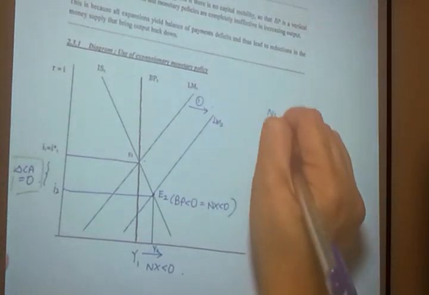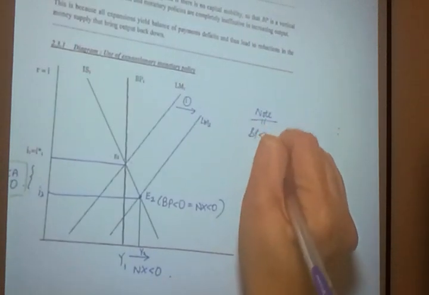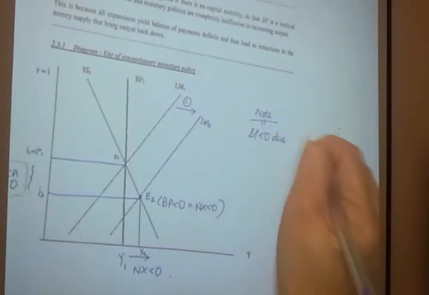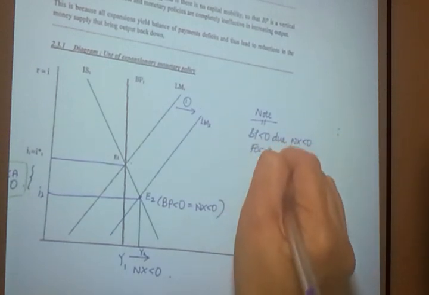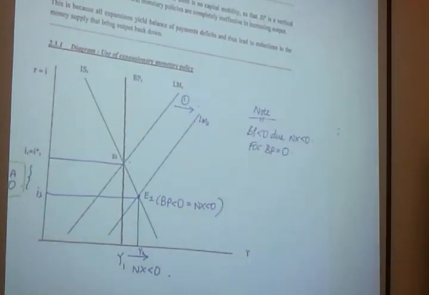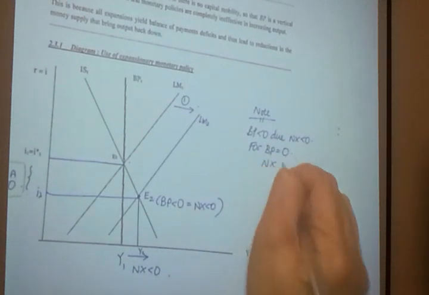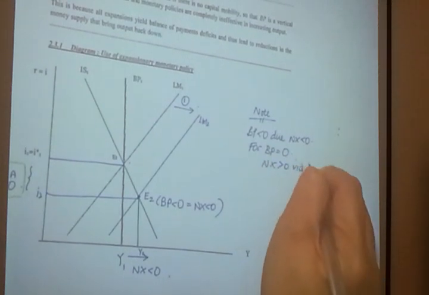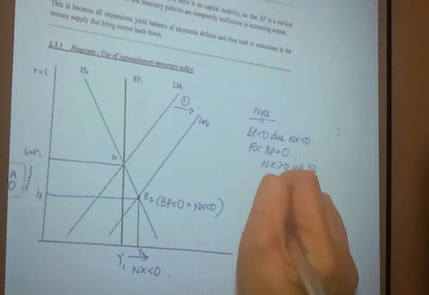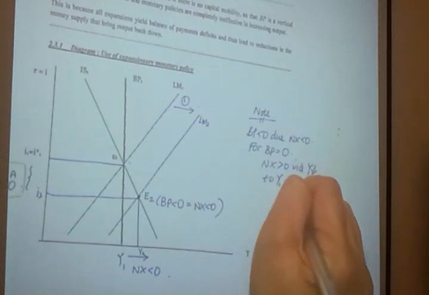Okay, so we take a note here. The BP was a deficit due to NX deficit. So for BP to be back to 0, NX must be positive via income drops back to Y1.